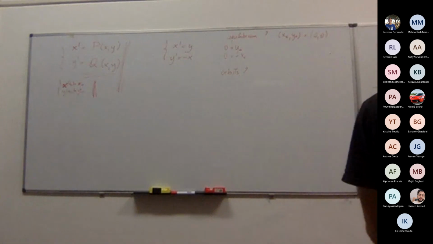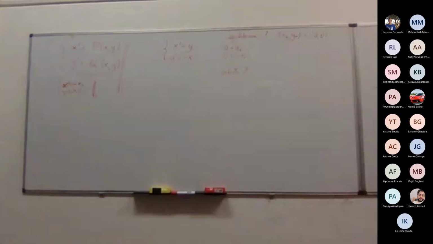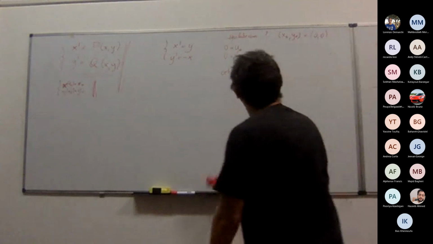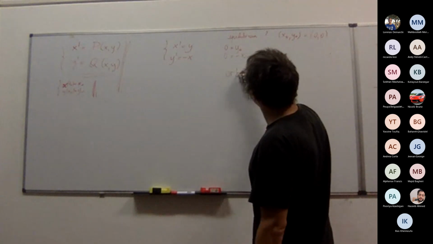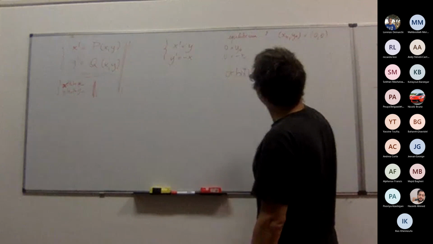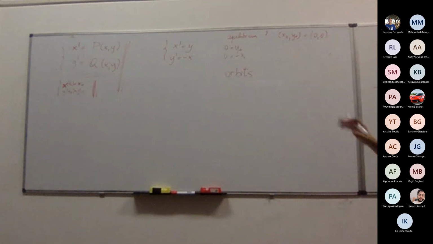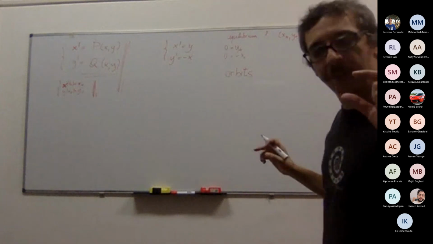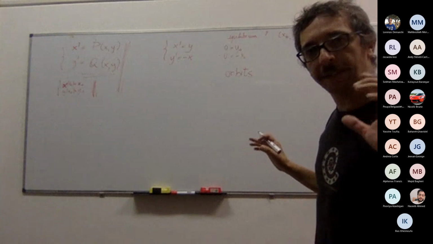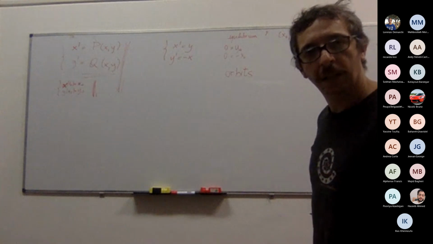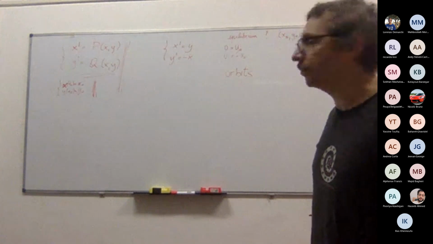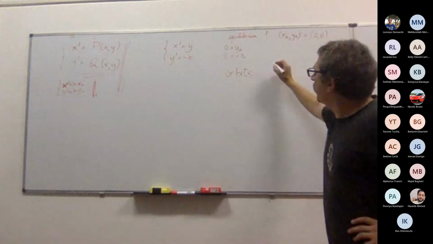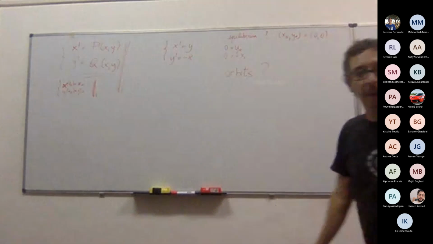Sorry, teacher, it's not clear. Oh, it's written orbits. I just wrote orbits. What about orbits? It's not clear in the sense it's small, or you can't see where. Okay, so what about the orbits? Do you have any idea of what the orbit can be?